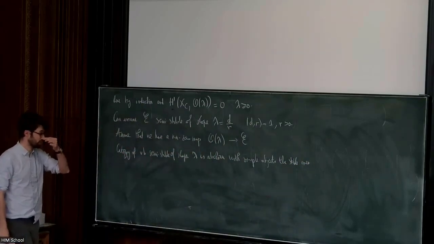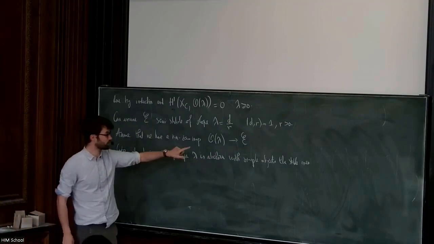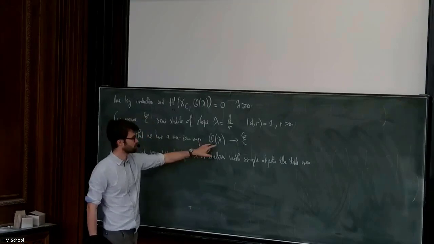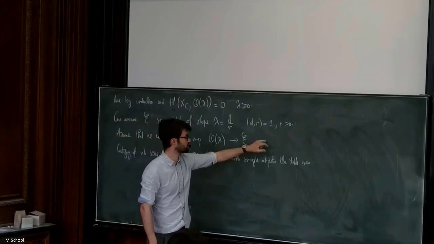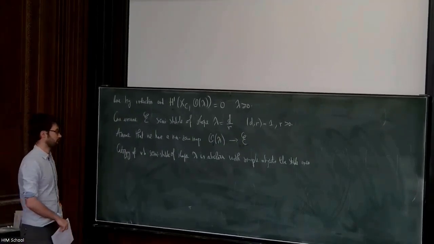Because E is also semi-stable of slope lambda by assumption, this means that, first of all, O(lambda) is simple in this category. So this map will automatically be injective, and then its co-kernel will also be a vector bundle semi-stable of slope lambda.